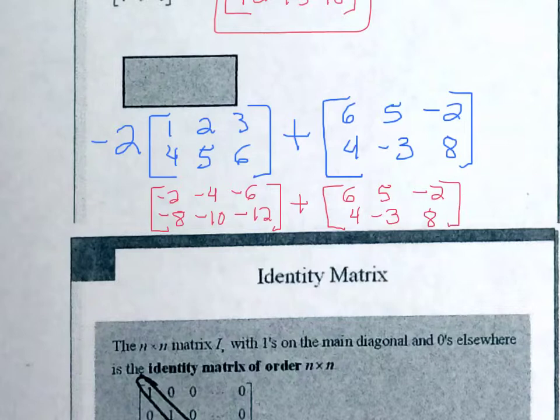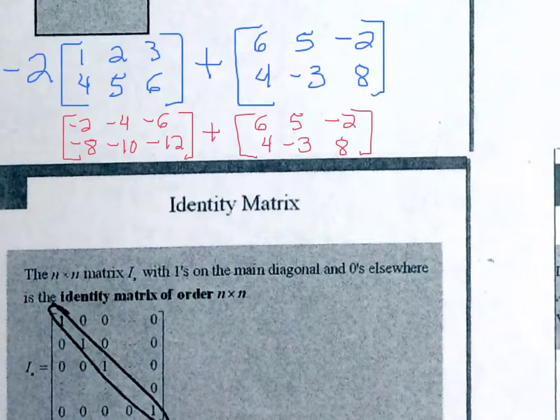We have the same number of rows and the same number of columns, right? So we just combine same row with same column number.